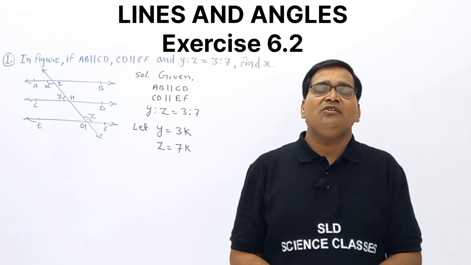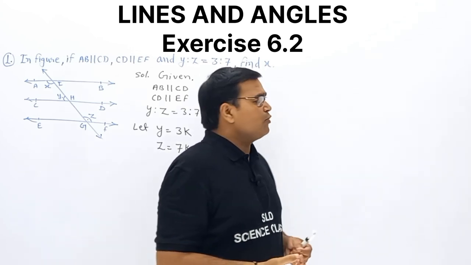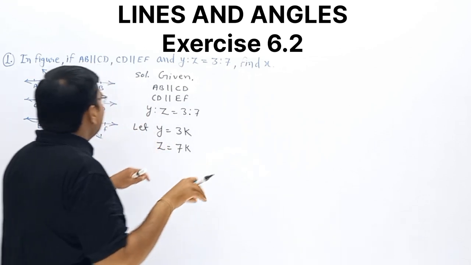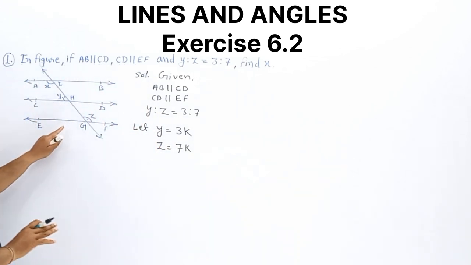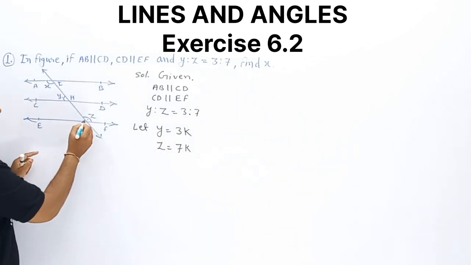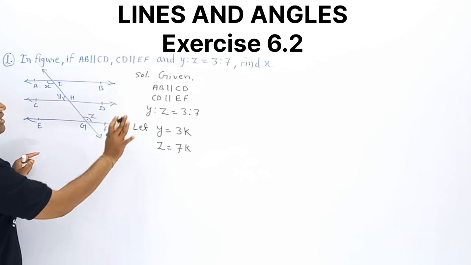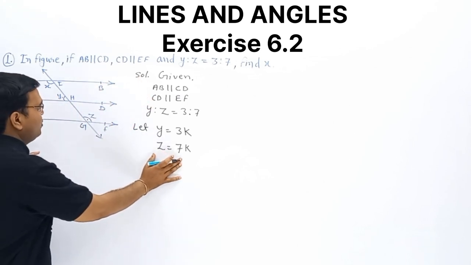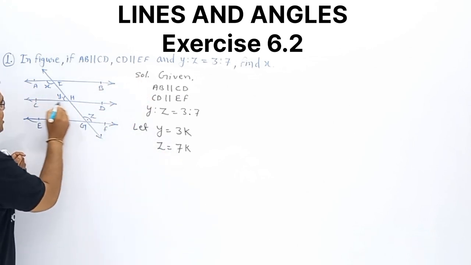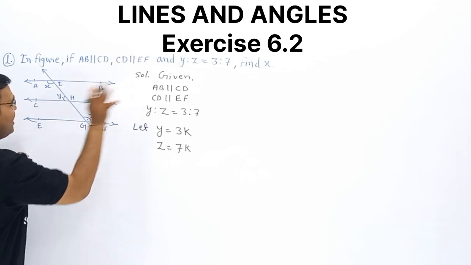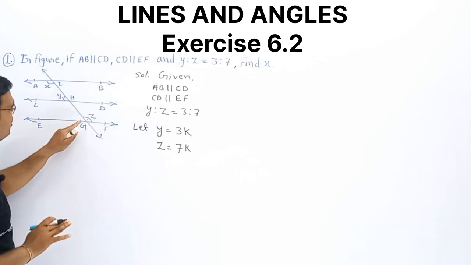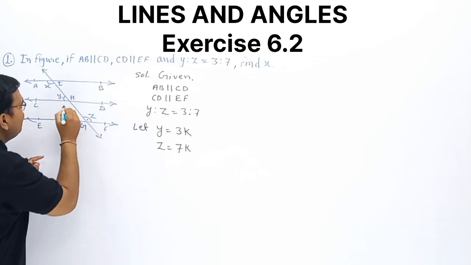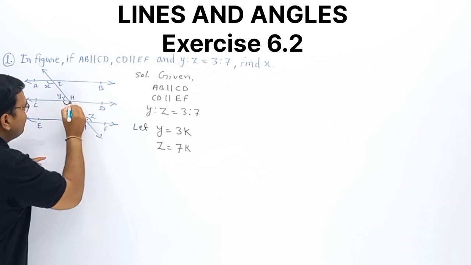We studied these things in the introductory class. So now we will apply these things here. Once we have this angle z and y as a ratio, clear? So we can say CD is parallel to EF, we have in the question, no doubt at all. So this z will be equal to this one, yes or no?